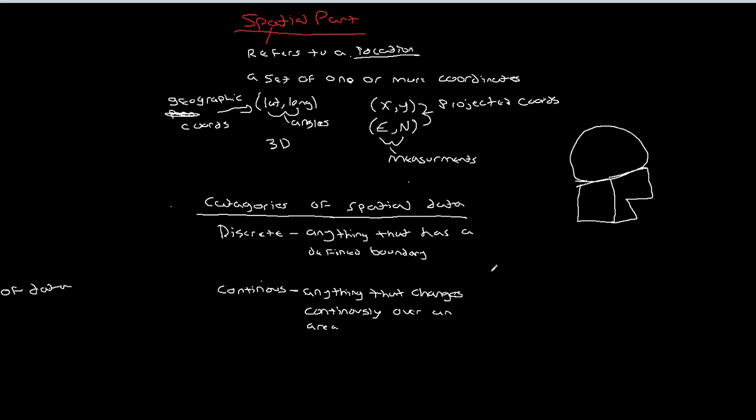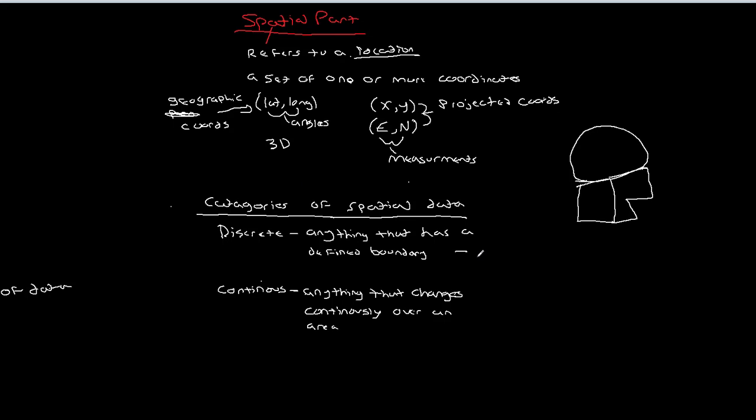And especially if you consider microtopography, right? Because things that we as humans may perceive to be the same, if you really measure, right, 1 or 2 centimeters difference, that's still change. Right? So continuous data is anything that changes over an area. And so just to recap our examples for discrete, right?